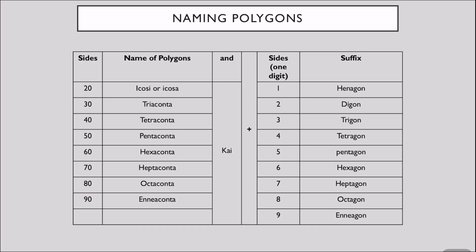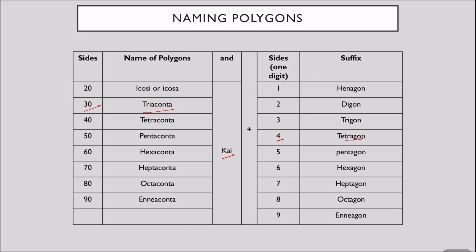But the thing is, kapag let's say it's 34, so 30, we'll name it as triaconta, then kai, and then you add the ones digit, which is 4, tetragon. So it would be triacontakaitetragon.